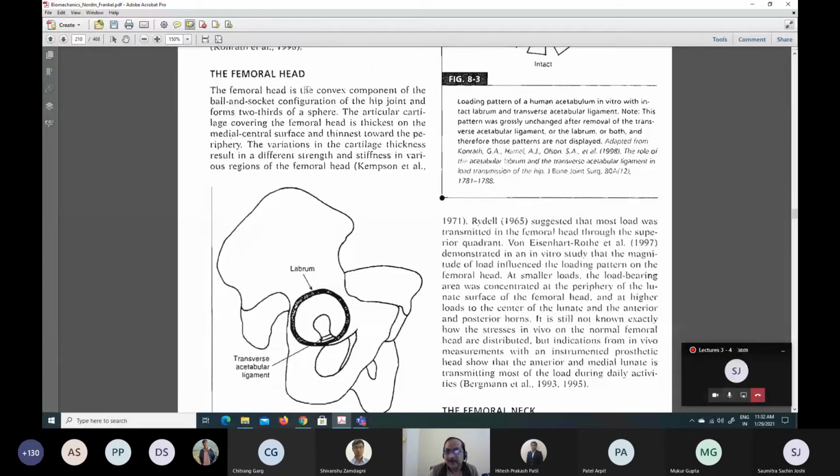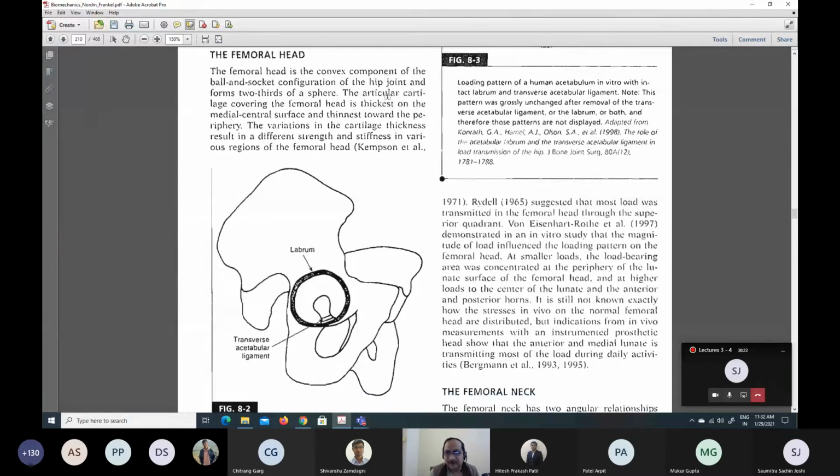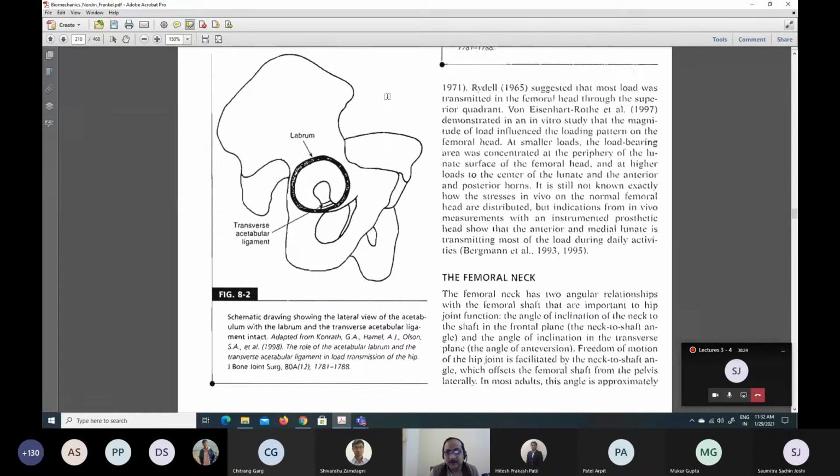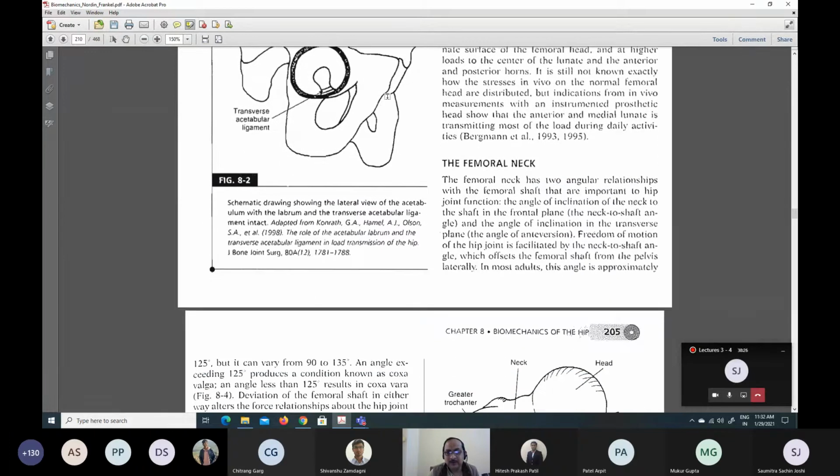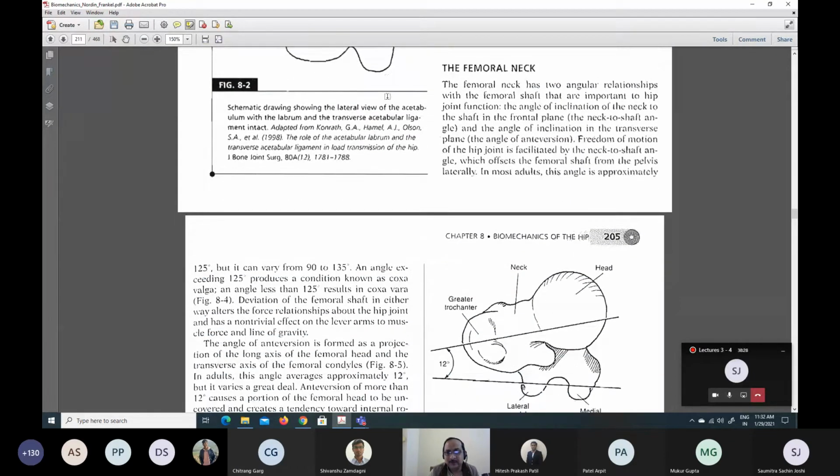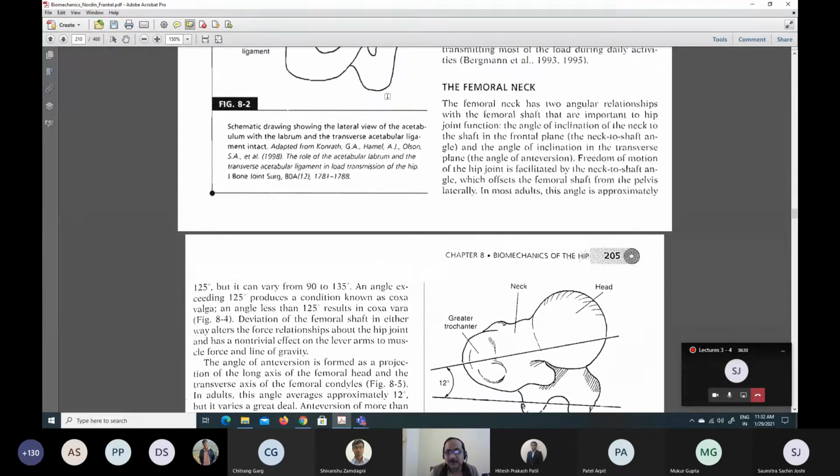The femur head, as I was telling you, is a spherical head, and it is articulating within the acetabulum to give rise to a large range of motion. Now, as you all know, I have explained the structure of the femur earlier.